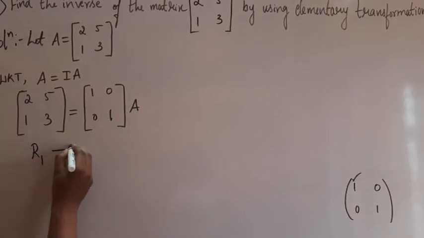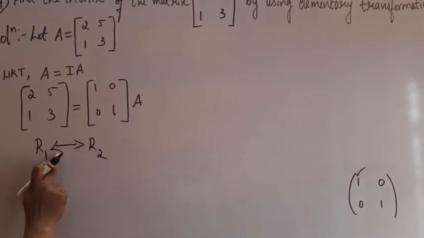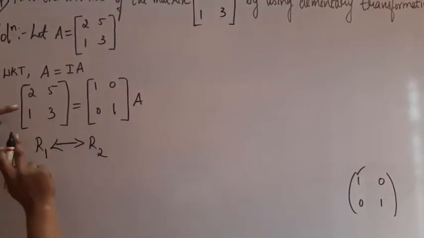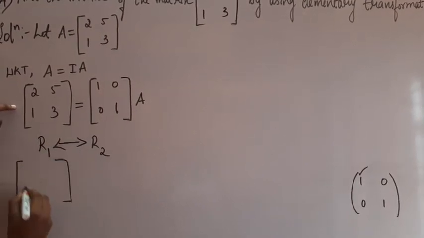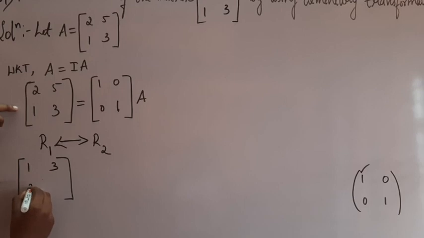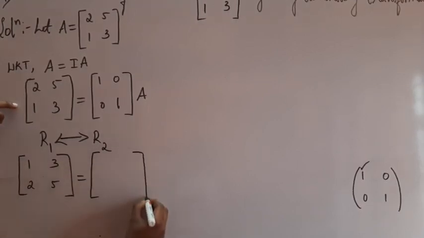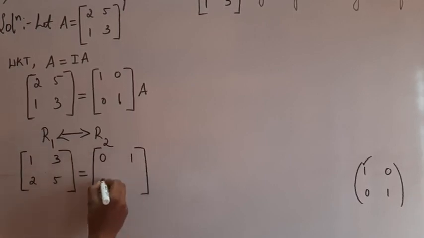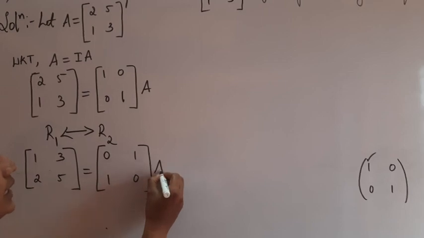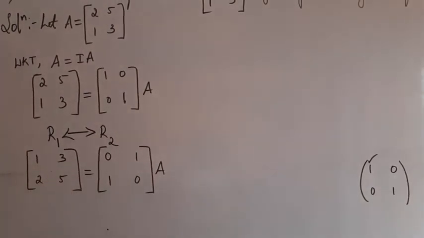Interchanging R1 and R2, this is the symbol of interchanging. Let us apply for both the sides. So we get 1, 3, 2, 5 equal to, in the right side matrix also the rows interchanged, that is 0, 1, 1, 0 into matrix A. Therefore the first element is completed.